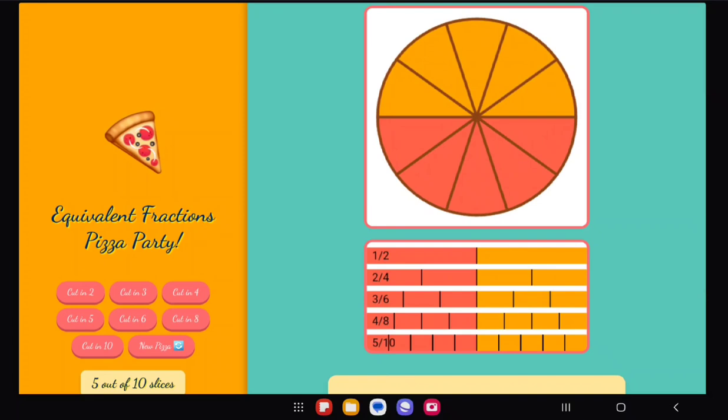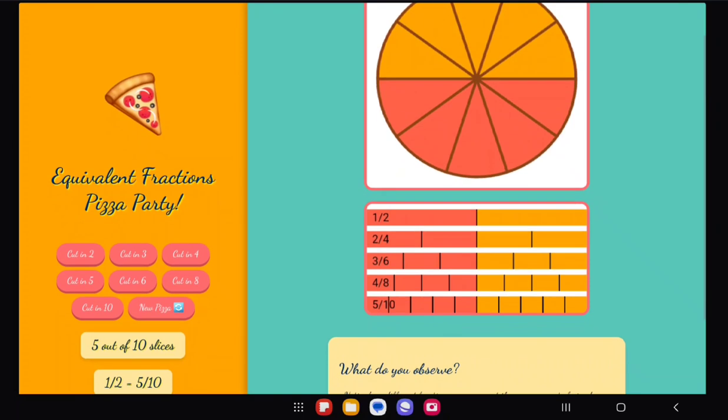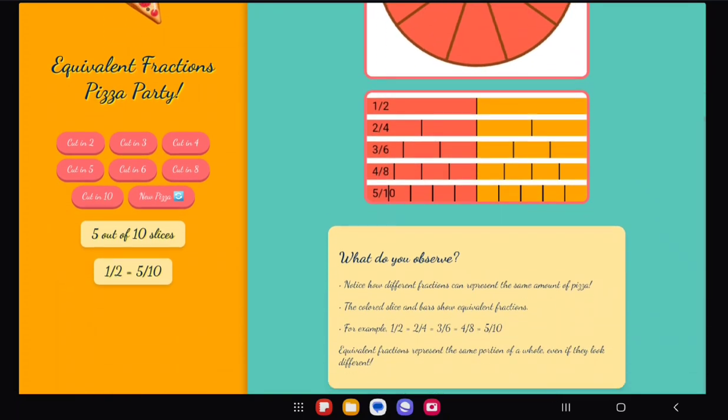That means they represent the exact same amount of pizza. What do you observe here? How different fractions can represent the same amount of pizza. The colored slice and bar show the equivalent fractions. Equivalent fractions represent the same portion of a whole, even if they look different.